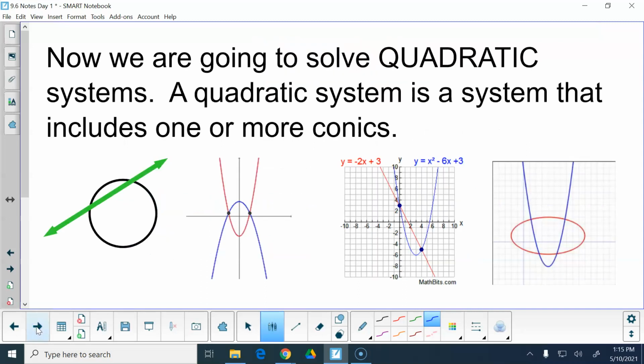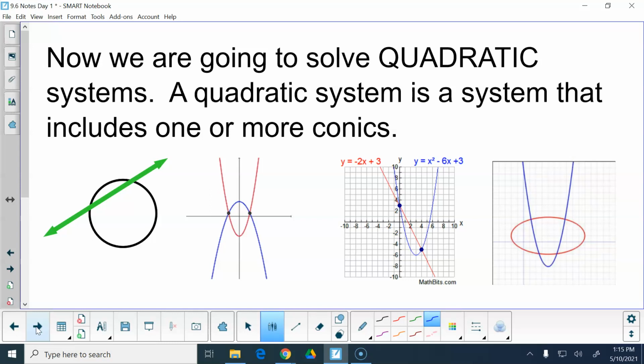Today, we are going to switch from linear systems of equations to a quadratic system of equations. And a quadratic system of equations has one of the two elements in it being a conic section. Okay? So you're going to have one of the four conics.